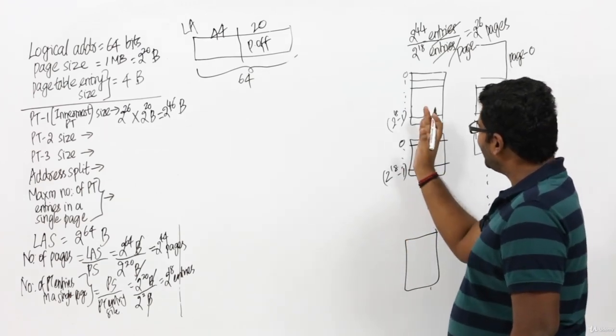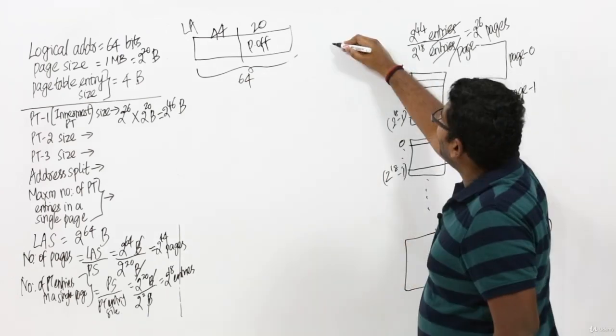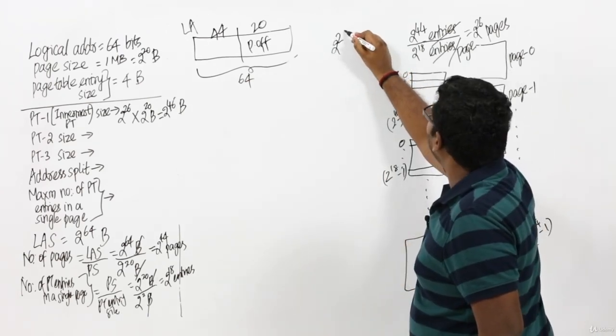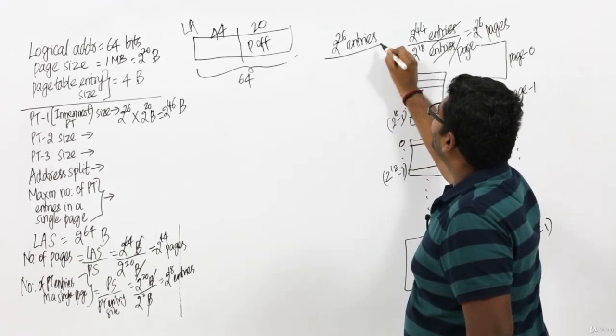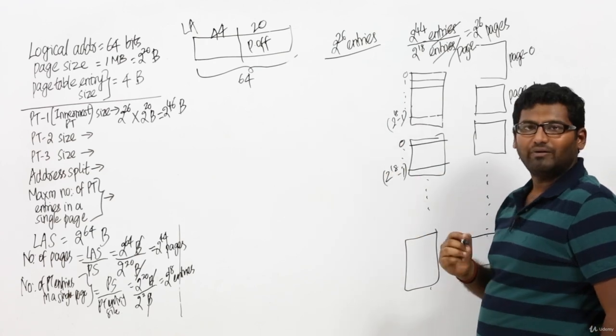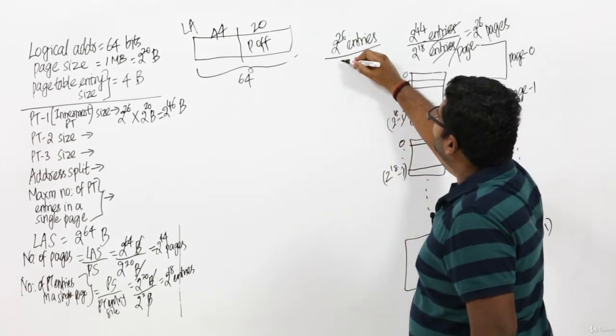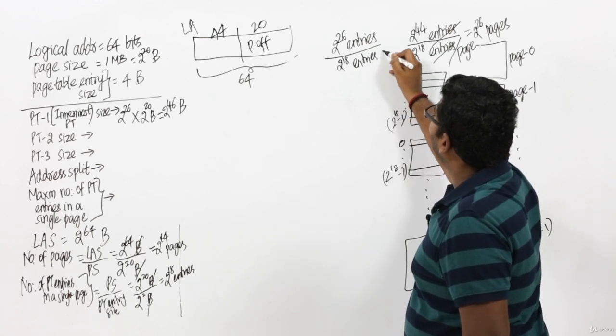See, how many pages do I need over here in order to accommodate all the page table entries? We have a total of 2^26 entries, and every page can hold a total of 2^18 entries, right? So 2^18 entries per page.